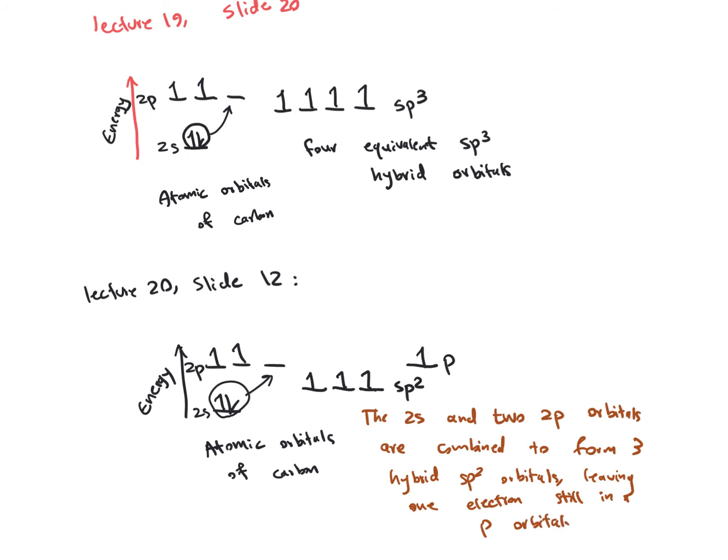And this sp2 hybridization would be a pi bond, right? But this is a sigma bond. And that is basically the answer to this question.